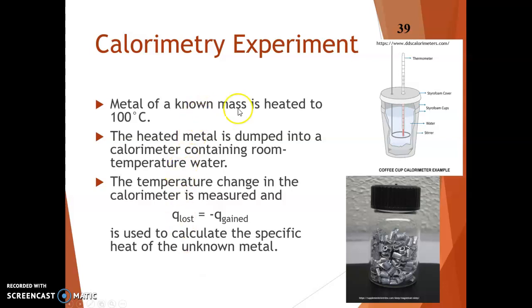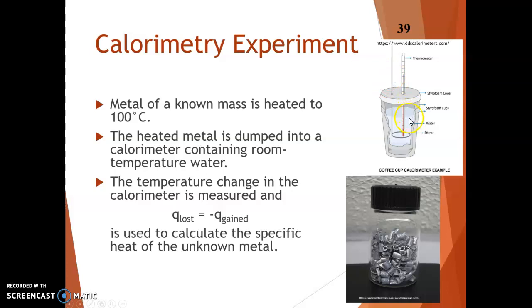All right, so let's take a look at how a calorimetry experiment might be carried out. So we might take an unknown metal. So this is a picture. It's not unknown right now to me or to you because I'm telling you what it is. But we could take this vial of magnesium, we could put it in a heat source and heat it up until it's 100 degrees or thereabouts.